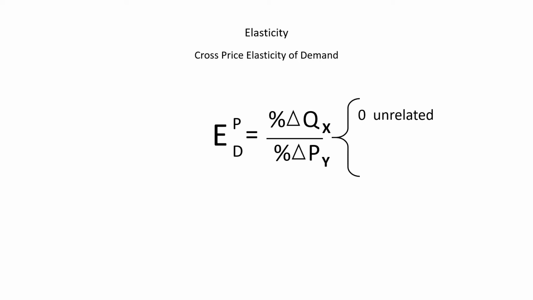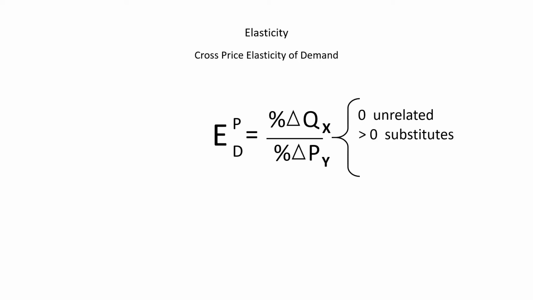Obviously, these two products have virtually nothing to do with each other. The price of, say, coffee, we'll let that be good Y, could change by a huge amount, but the quantity of shoes demanded wouldn't even budge. The denominator in this ratio could be a huge number, but the numerator would be zero because the two goods are unrelated. This would produce a coefficient of zero.